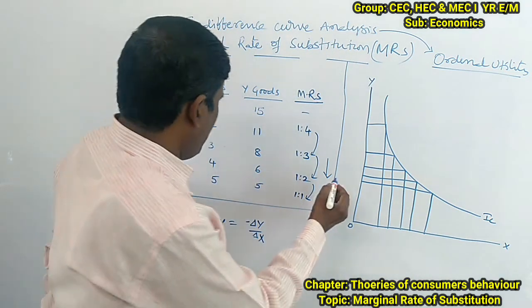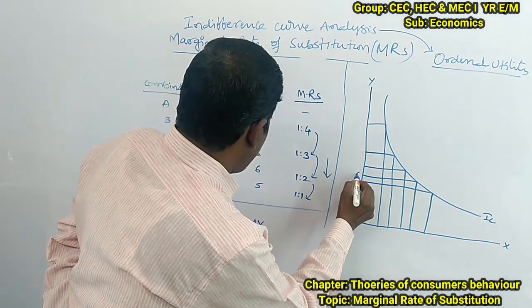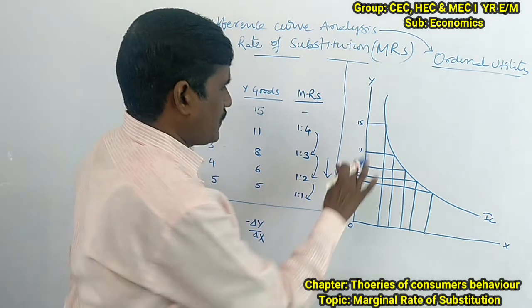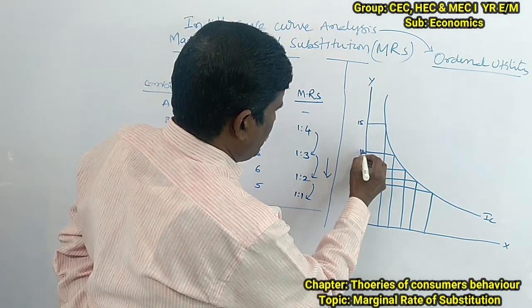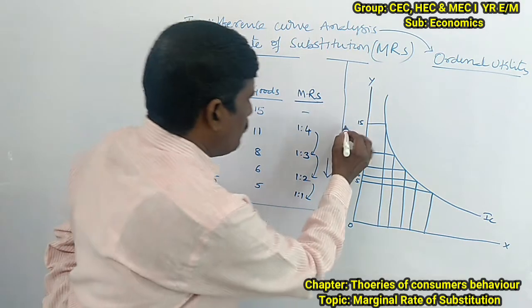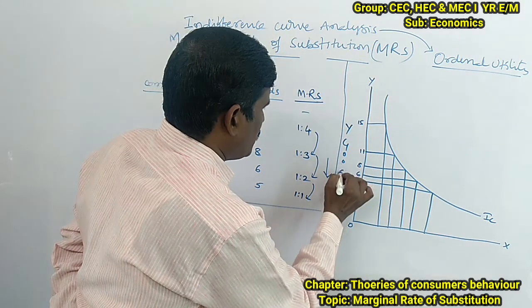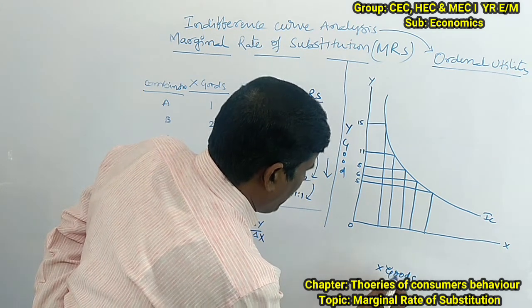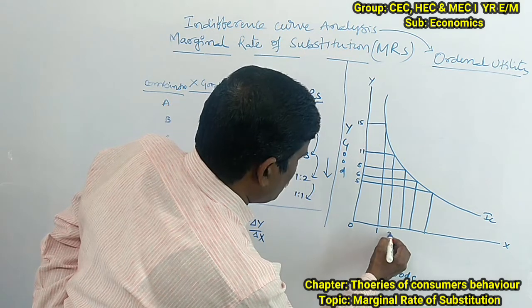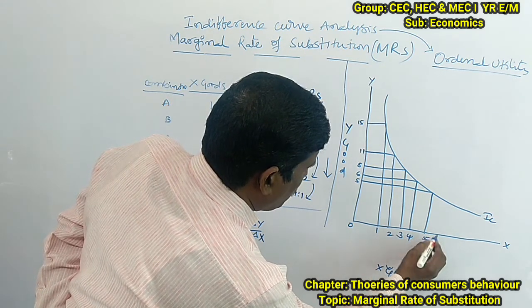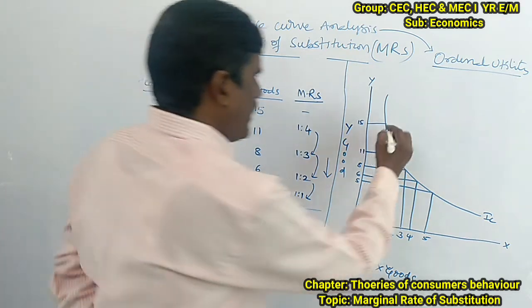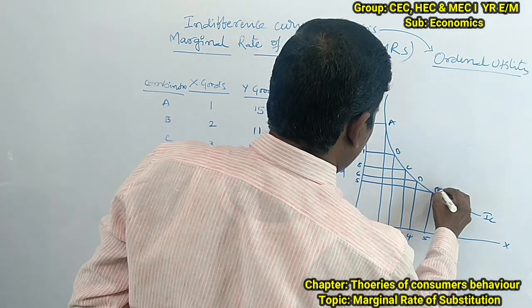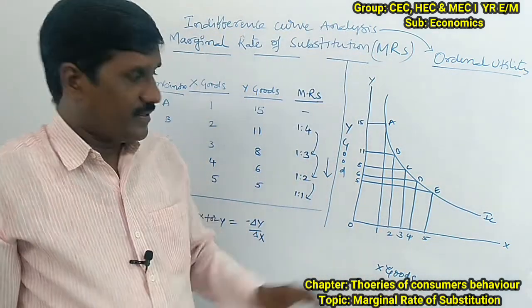Here 5, here 6, here 8, here 11, here 15. This is the y good, and here the x good. The x good numbers are 1, 2, 3, 4, 5. The combinations are A, B, C, D, E. Clear?